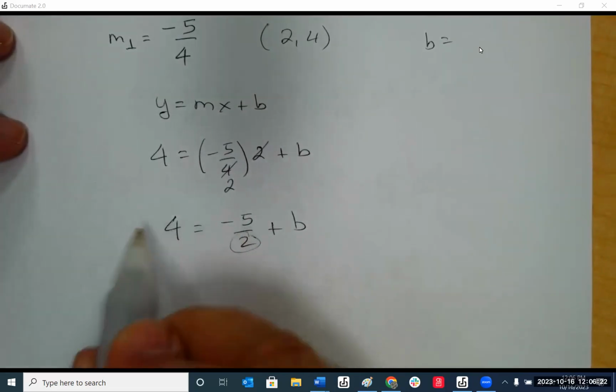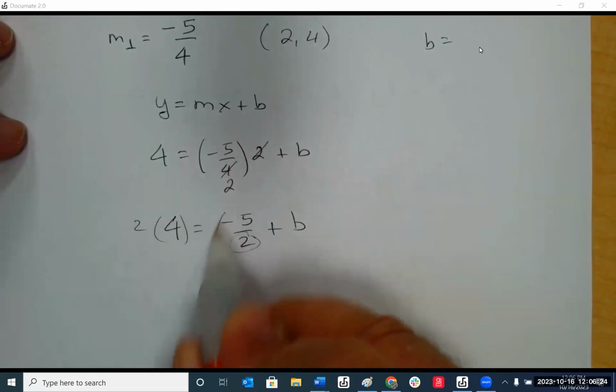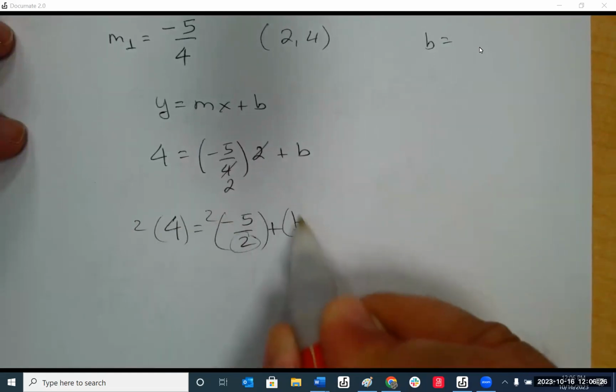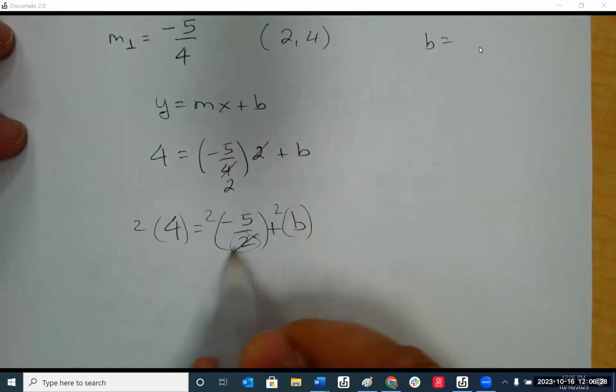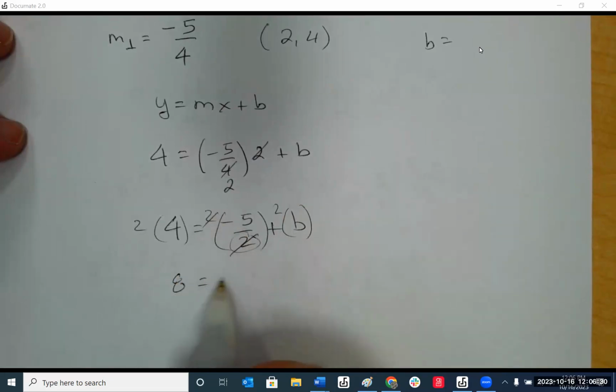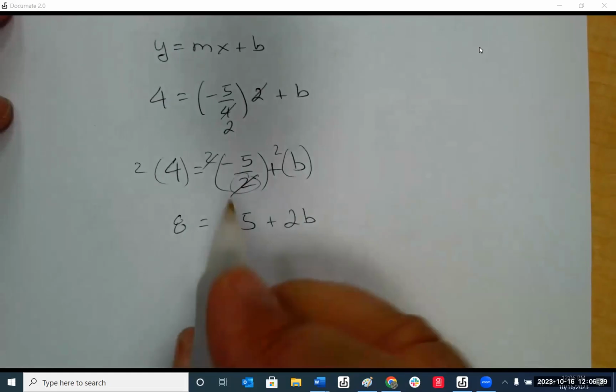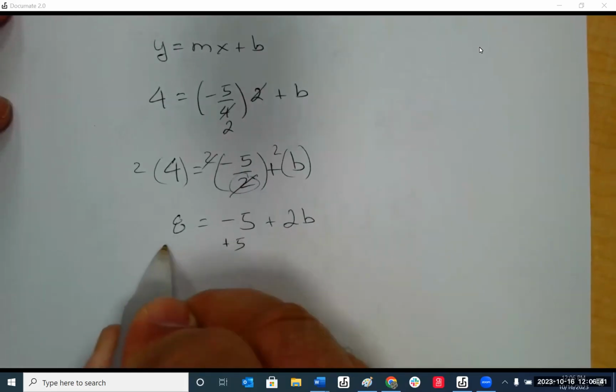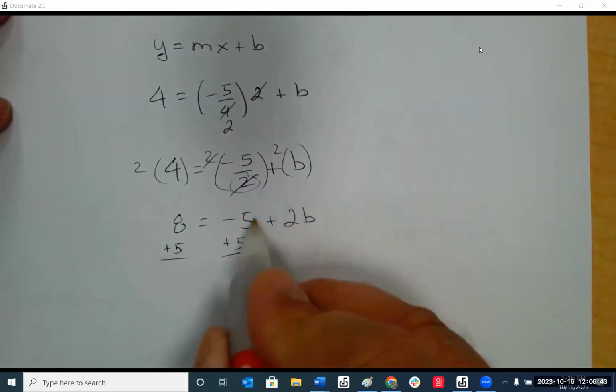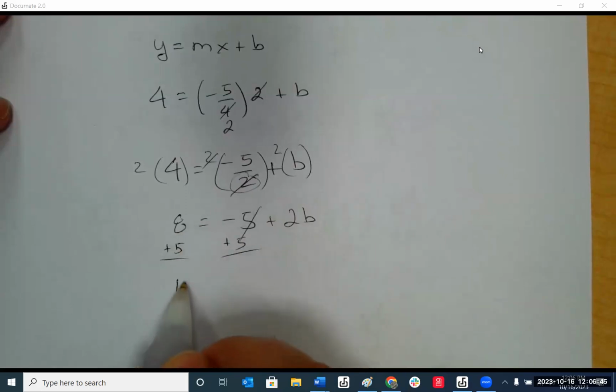Get rid of the fraction, multiply each term by 2. We have 8 equals negative 5 plus 2b. This is the way I do it; you don't have to. If you like fractions, you can keep fractions. 8 plus 5 is 13, equals 2b.